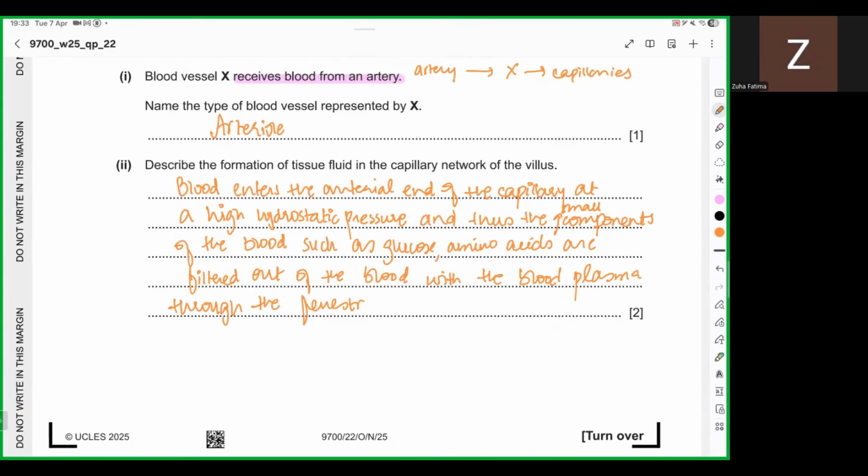Fenestrations are basically the gaps or the pores in the endothelial walls of the capillary.